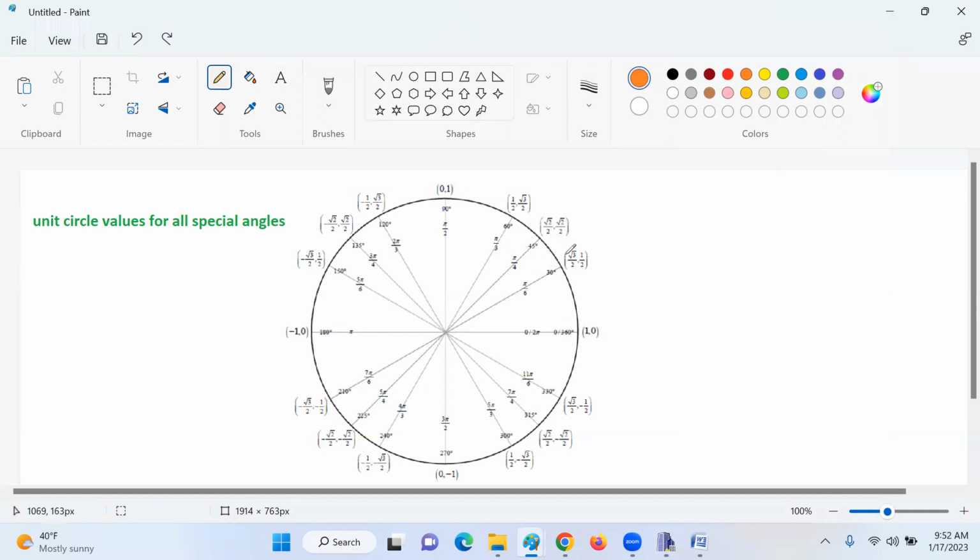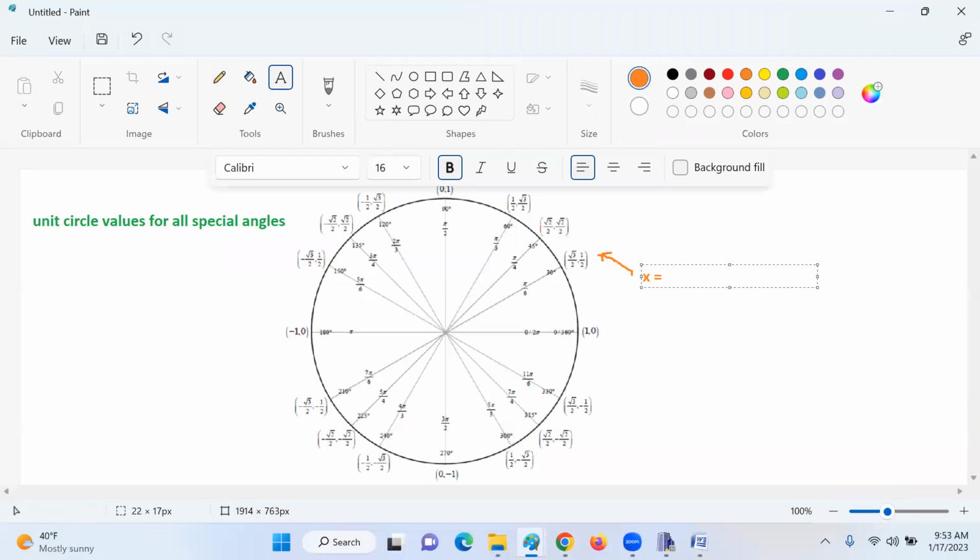Okay, so now given the picture right there, you can think of it. For 30 degrees, we can see that for the x-index, x equals radical 3/2, right? That will be the cosine of 30 degrees. And then what does that mean?